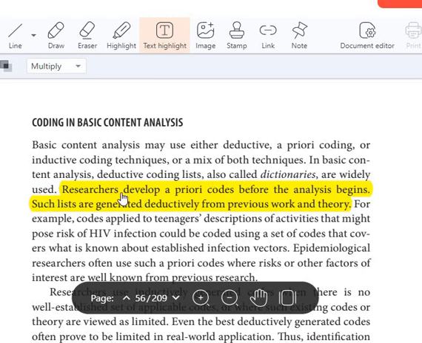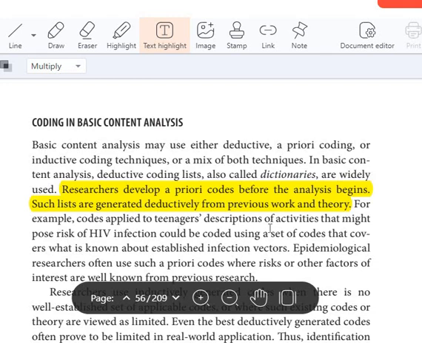In basic content analysis, deductive coding lists, also called dictionaries, are widely used. Researchers develop a priori codes before the analysis begins. Such lists are generated deductively from previous work and theory. So you don't do anything, you just use those previously used in your research.